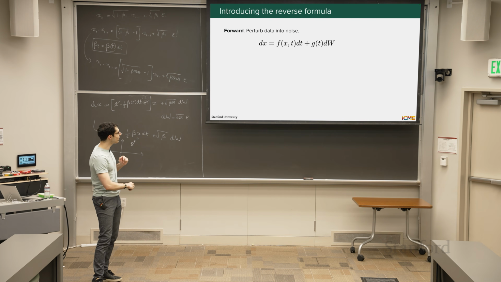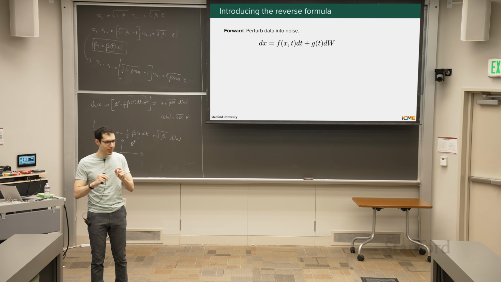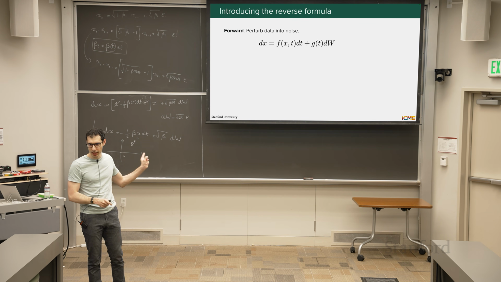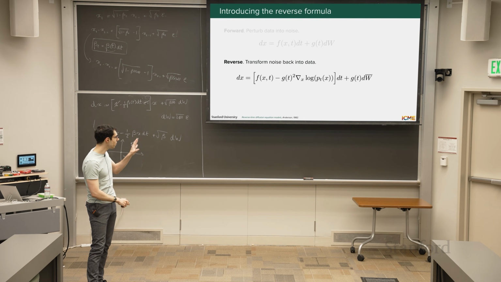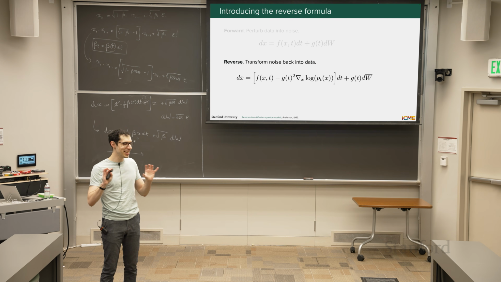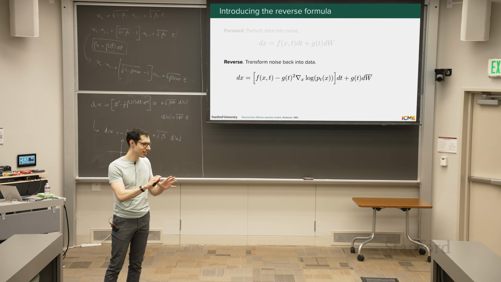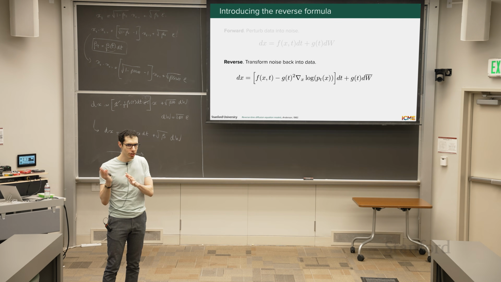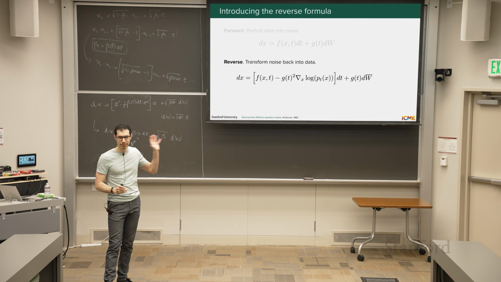And the answer to that is that the forward process that is described by the SDE can be reversed through a reverse SDE that involves the score. So the forward process, which is described by the SDE, is something that you can reverse through a reverse SDE, which involves the score.